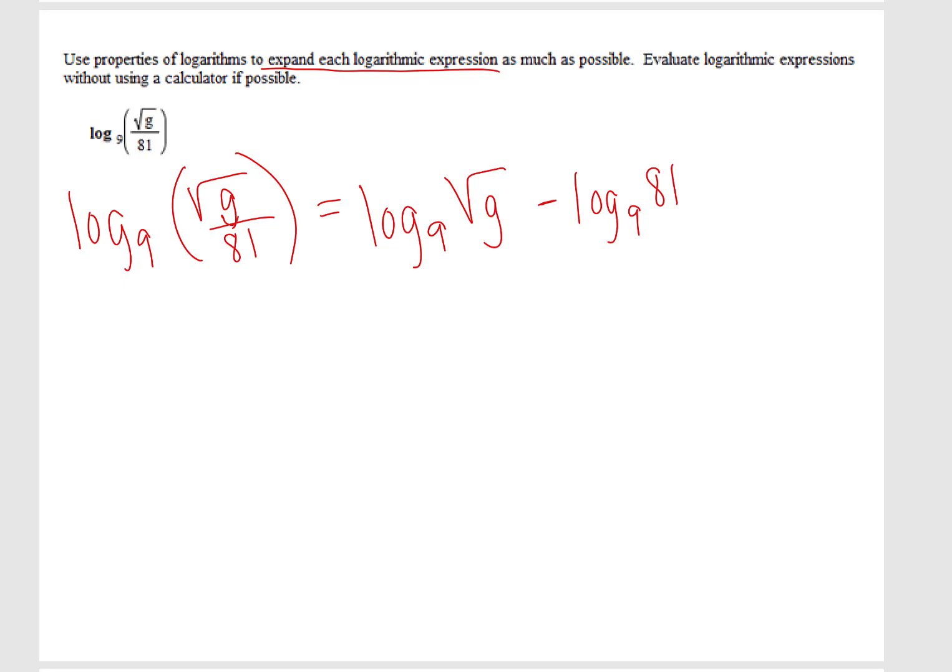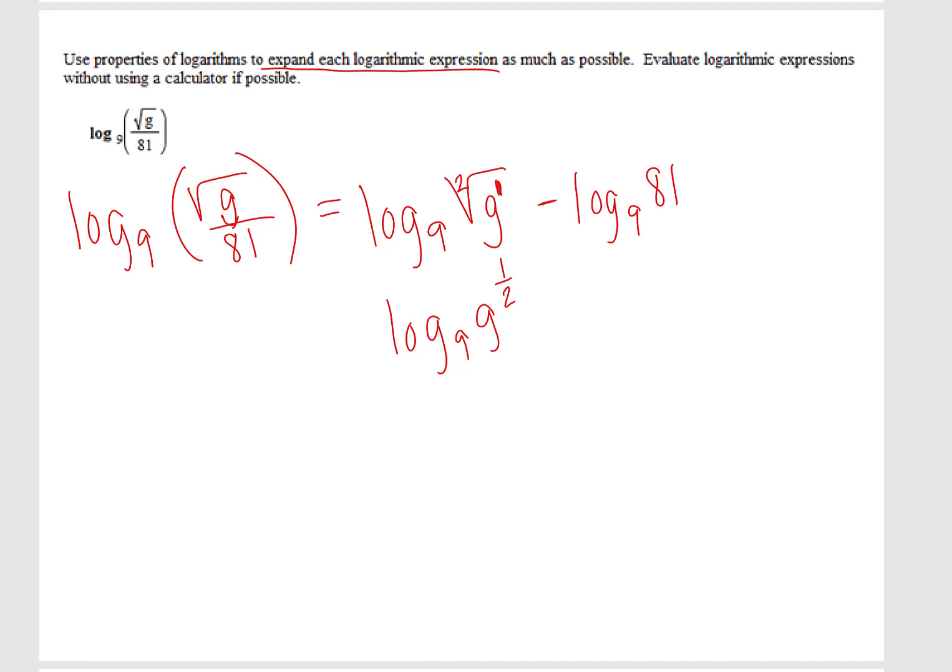We don't see it, but when we don't have a value there for the index, we understand that it's a 2, it's the square root, and when we don't see an exponent there, we understand it to be 1. So now I'm going to have log base 9 of g to the 1/2.